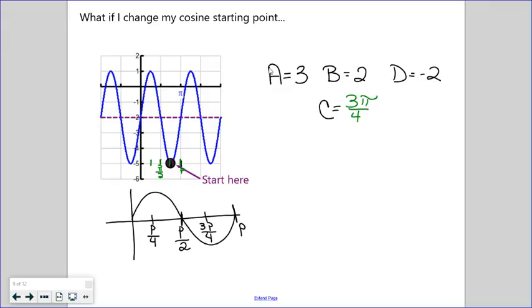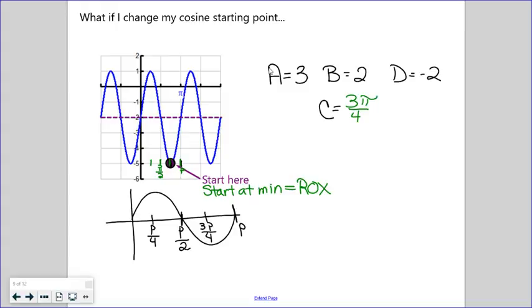One of the reasons I picked this one was the challenging phase shift. The second reason I picked this one, anyone catch it? The reflection. If we start at a minimum, that equals a reflection for a cosine curve every time.